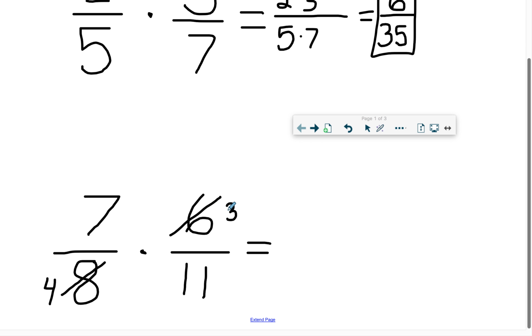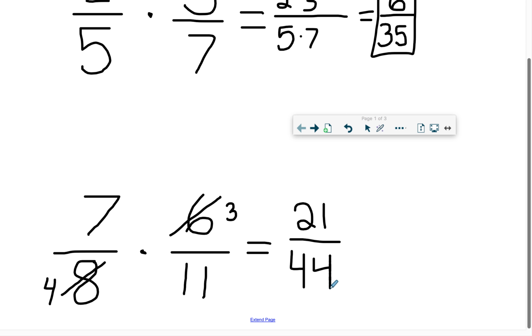7 times 3 is 21. So that becomes our new numerator, our new top number. Then we now have a 4 here. Remember, we're not doing the 8, we crossed it off. So we do 4 times 11, and that gets us 44.